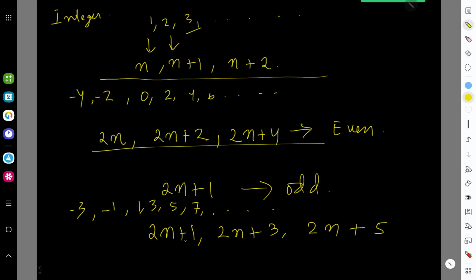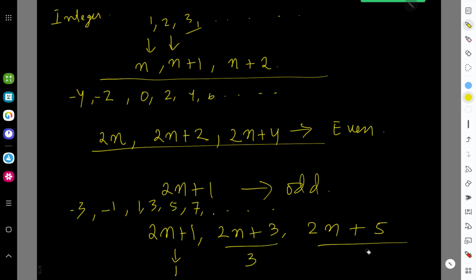So if 2n plus 1 is 1, then the next ones we can express as 2n plus 3, which is 3, and this is our 5.